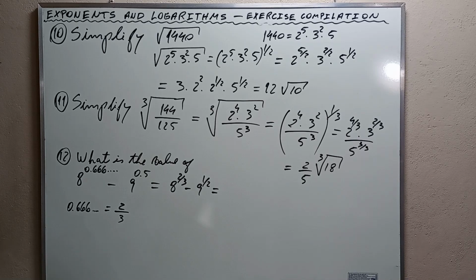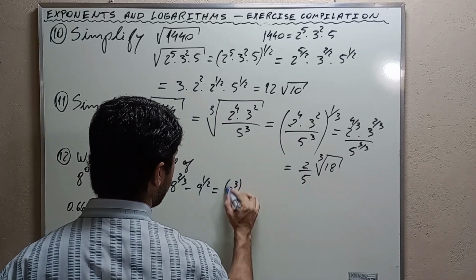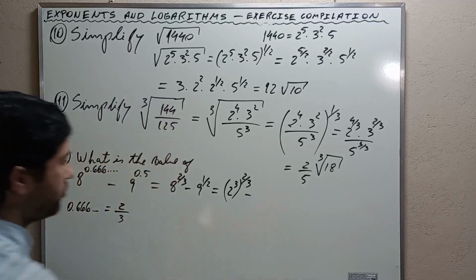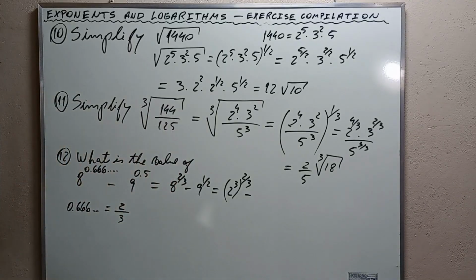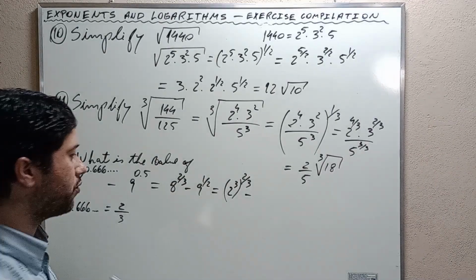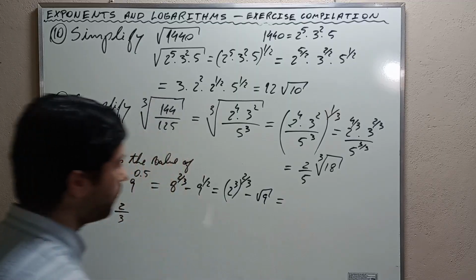Observe that 8 is 2 cubed, so it is 2 cubed to the 2/3, minus 9 raised to the power of a half, which is the square root of 9. Okay?